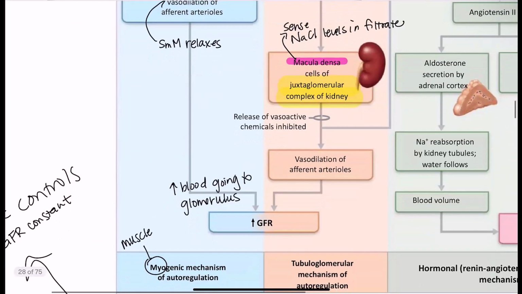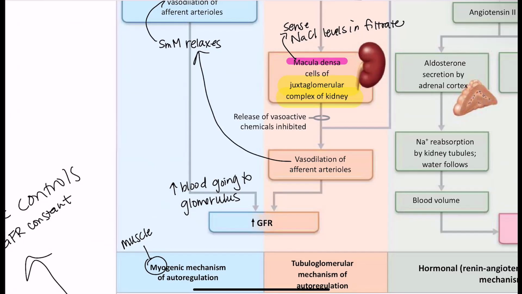If sodium chloride levels fall, then we make sure that vasodilation happens because there are some chemicals that are released or not, in this case, not released. So those macula densa cells don't release any chemicals to vasoconstrict, so then we increase vasodilation. Vasodilation, remember, is still smooth muscle relaxes.